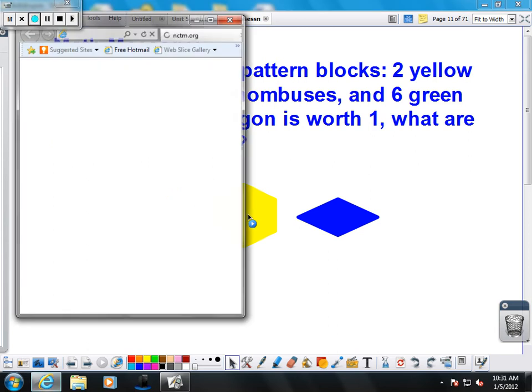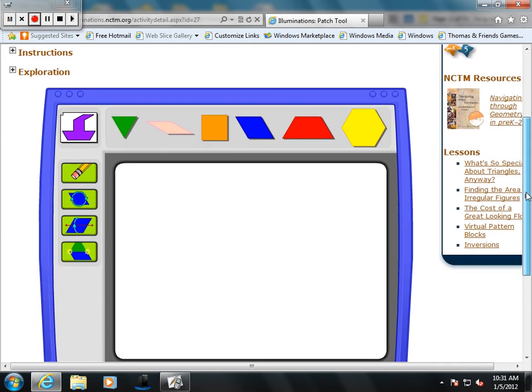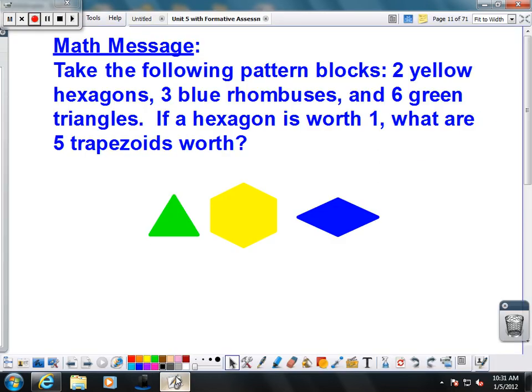I have a website that we're going to go to. Let me make it a little bit bigger for us. And this is a really cool website. It's on Illumination. It's very easy to find, and I'll give you the objective here in a second. So I believe the question came up saying, okay, well, if a pentagon is my whole, and we're going to kind of jump back and forth in between two things here.